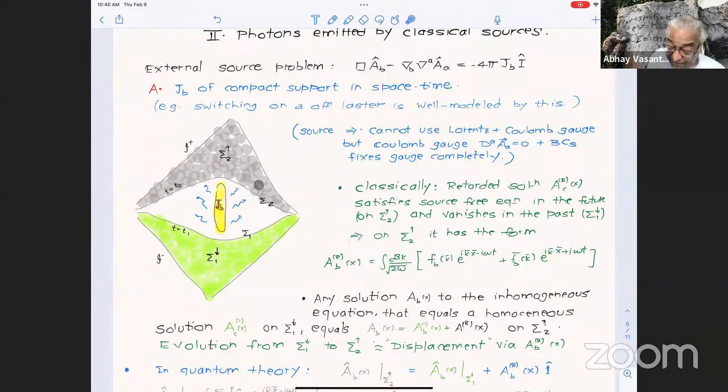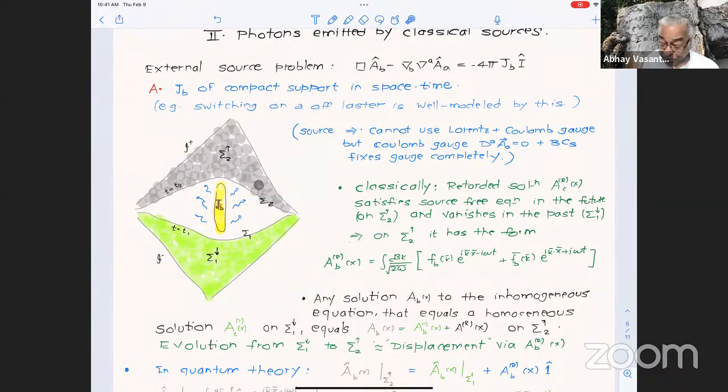The statement is that, however, this is in the books but not fully well known, we can use just the Coulomb gauge. Of course, this violates manifest Lorentz invariance. Everything is Lorentz invariant, but this will violate manifest Lorentz invariance. So we can go to the Coulomb gauge in which divergence of A equals 0, and you can just impose boundary conditions.